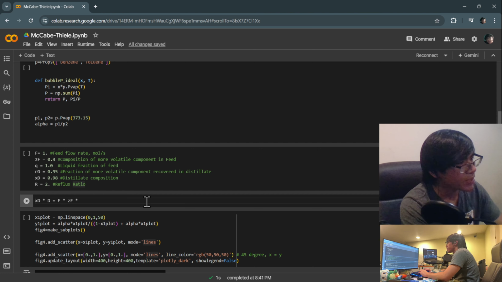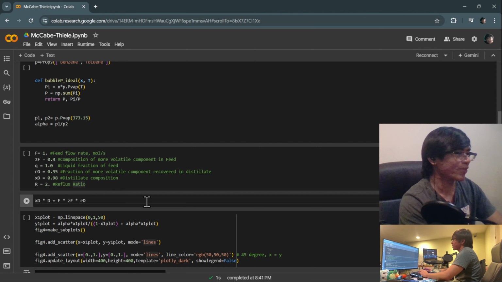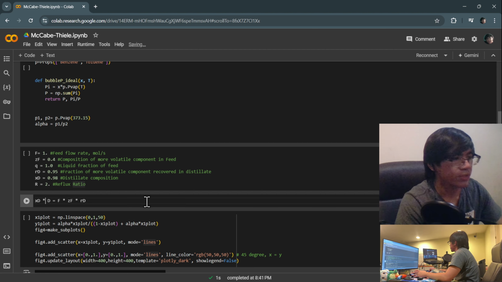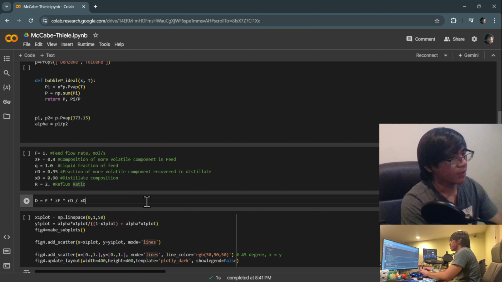Distillate composition times our distillate flow rate must be equal to our feed flow rate of our more volatile component times the recovery. What I just mentioned is super important, so don't forget it like I did. This is what we want to recover from our liquid, component one of our feed coming in. Since that's what we want to recover, that's why we have it at the top relating to our distillate moles coming out. So to get our distillate, we just divide by xd, and now we have an expression for our distillate, just like that.